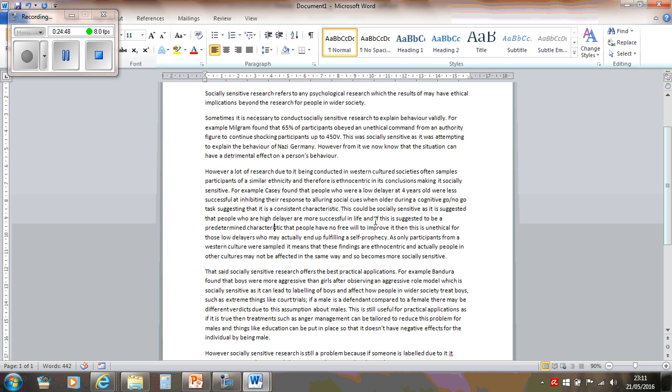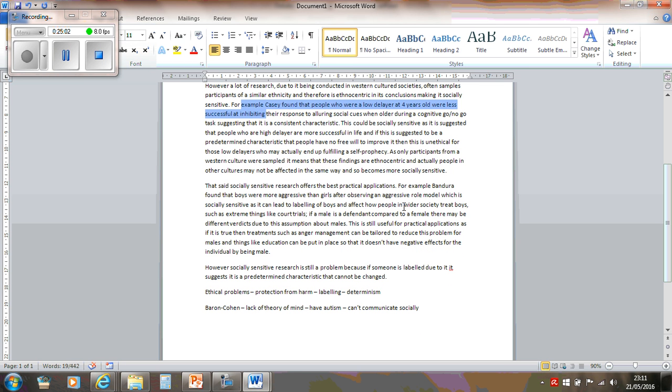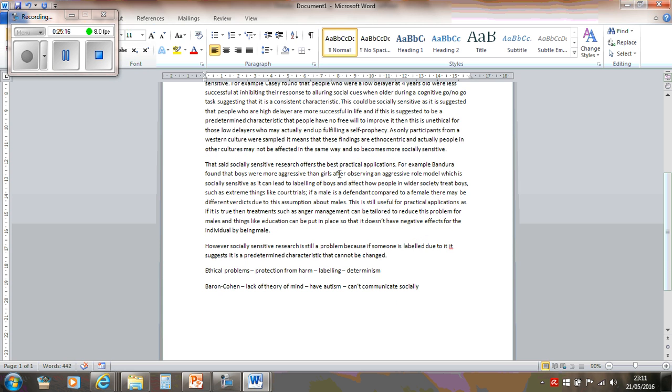However, a lot of research, due to being conducted in Western culture societies, often samples participants of a similar ethnicity and therefore produces ethnocentric conclusions, making it socially sensitive. For example, a study found that people who were able to delay gratification at 4 years old are more successful at inhibiting the response to social cues when older during a cognitive task, suggesting that it is a consistent characteristic.